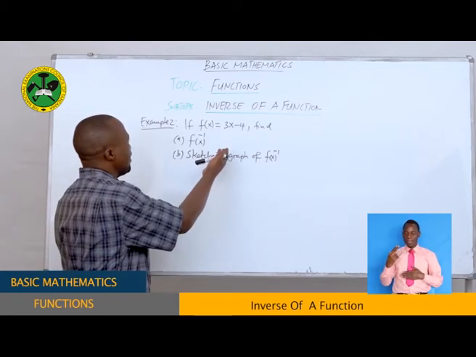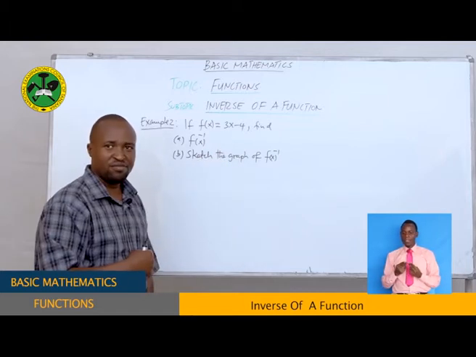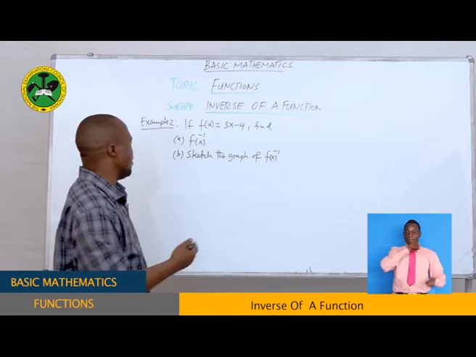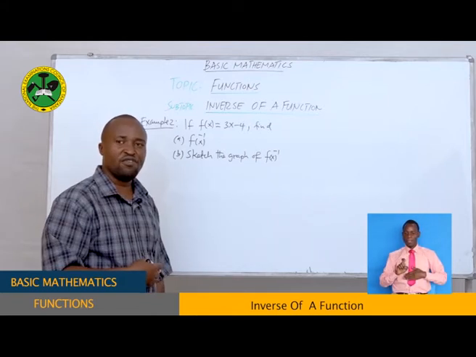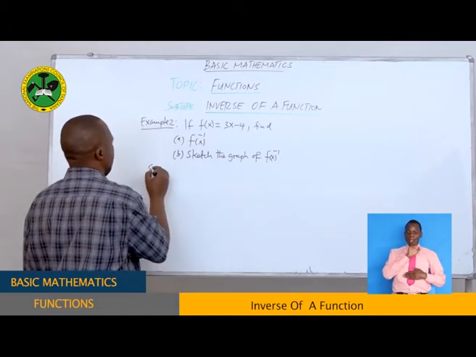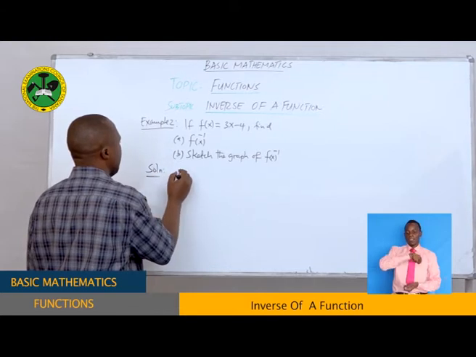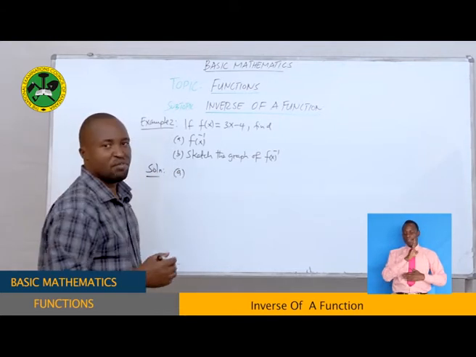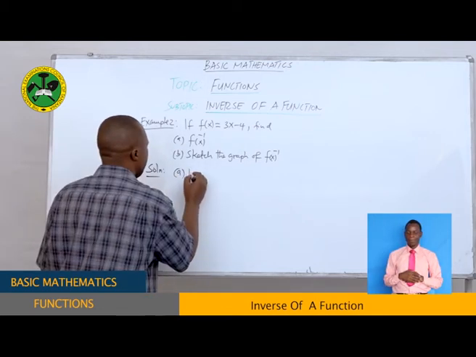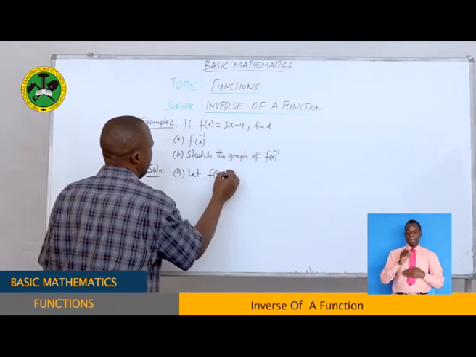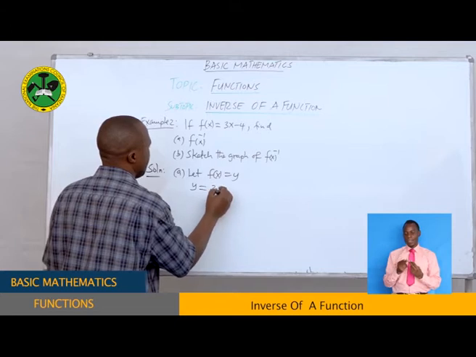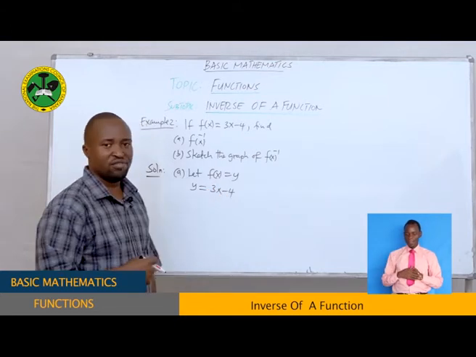That is, if f of x is equal to 3x minus 4, find A, f inverse of x, and B, sketch the graph of f inverse of x. So in this case, starting with A, remember we let f of x is equal to y. That is, let f of x is equal to y. So in this case, y is equal to 3x minus 4.